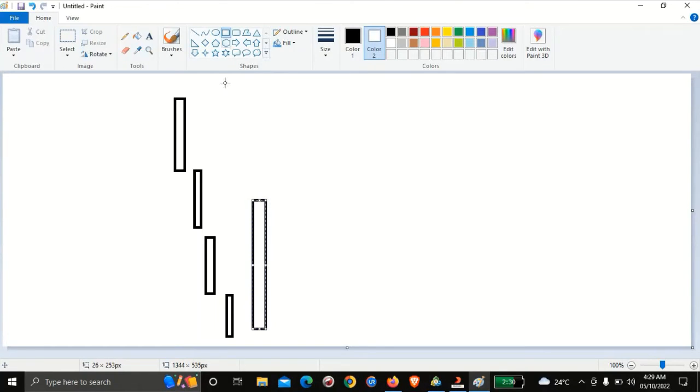This becomes our order block, because there was a lot of buy orders that was placed on this last bearish candle. That's what caused this massive move to the upside. And if you notice, it broke this structure.